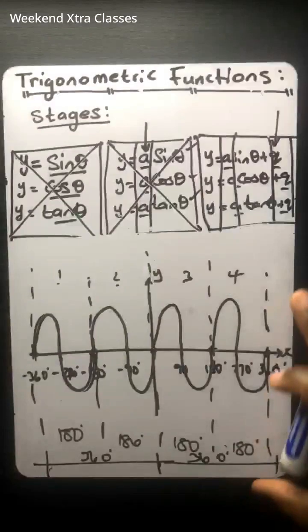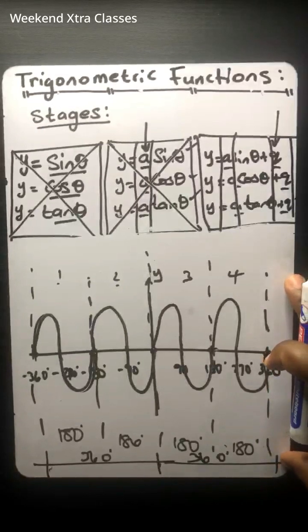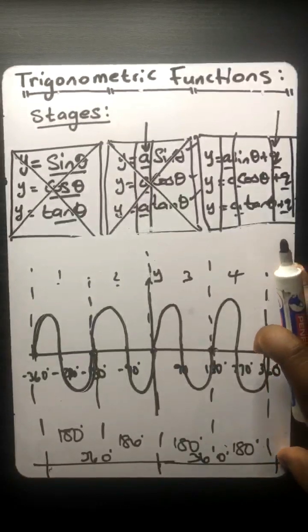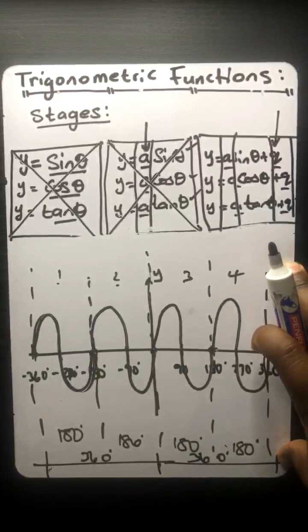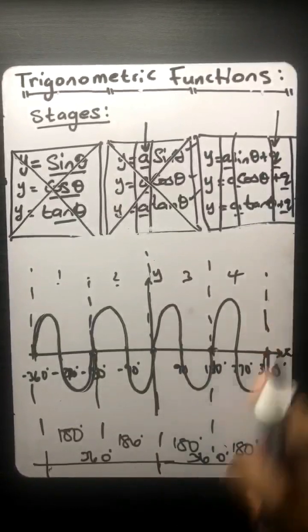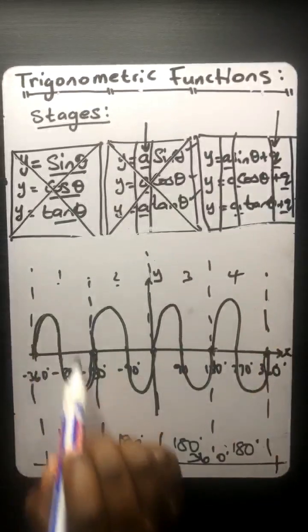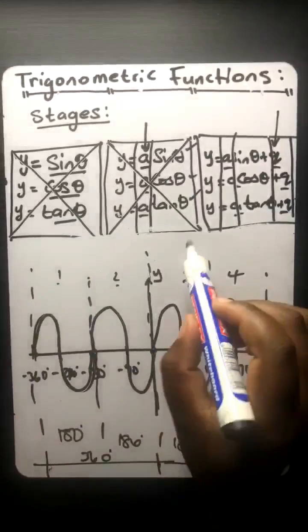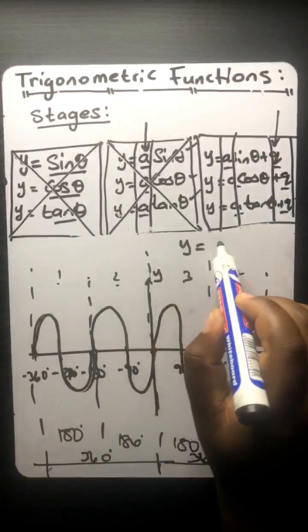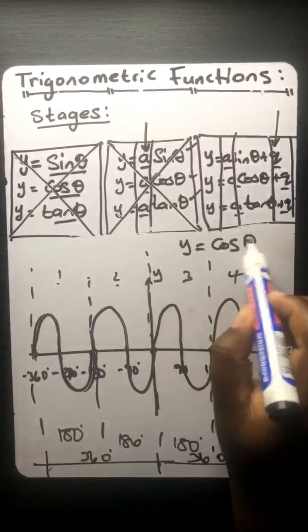So at this stage, honorable member, exactly what you are thinking, it's not like you are wrong. You are correct. The only difference is that I did not give the formula of that function. As an example, it could be y equals cos of the angle.